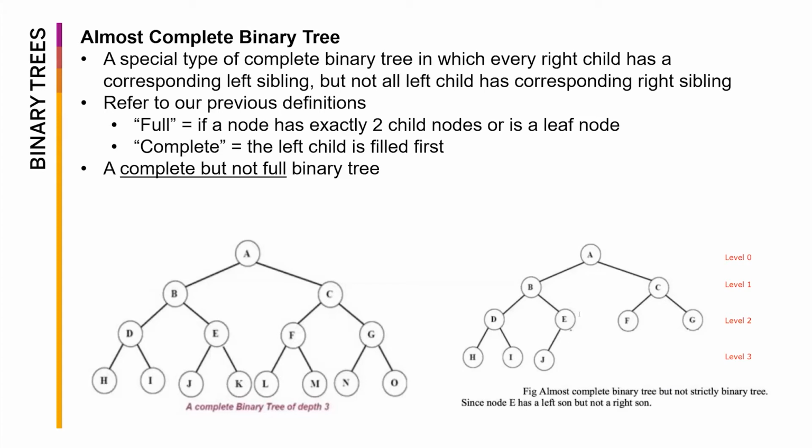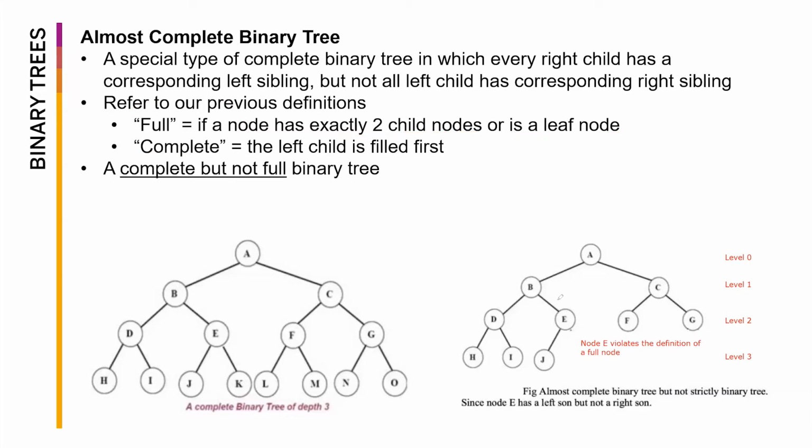So this node E violates the definition of a full node. Again, a full node based on our definition should have exactly 2 child nodes or be a leaf node.